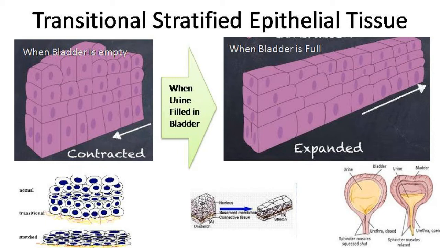These cells have different shapes, and that type is called transitional stratified epithelial tissue.